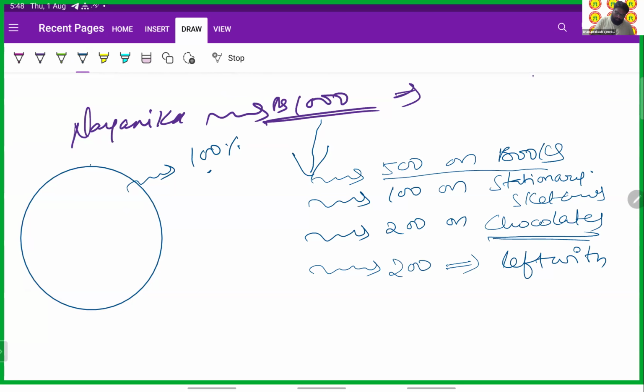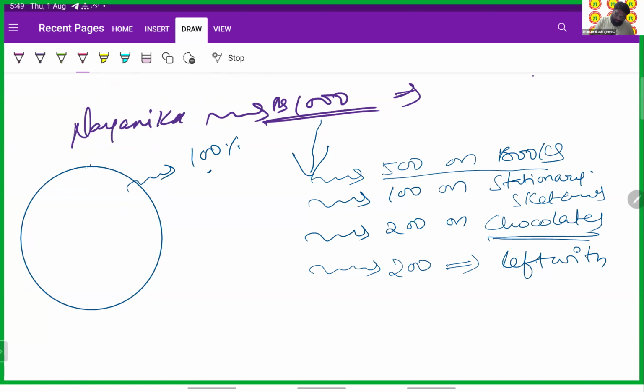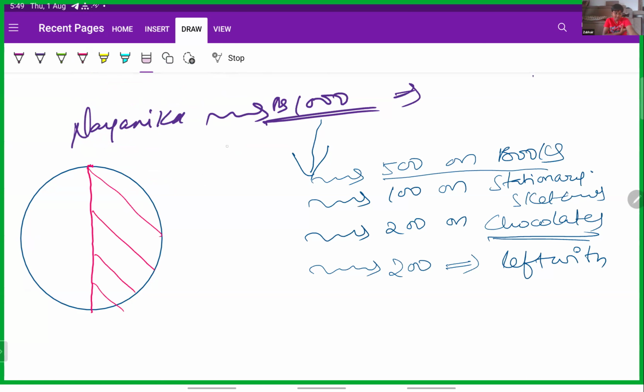So now I am drawing books here, and I will draw some lines. This is books: 50% she spent on books.